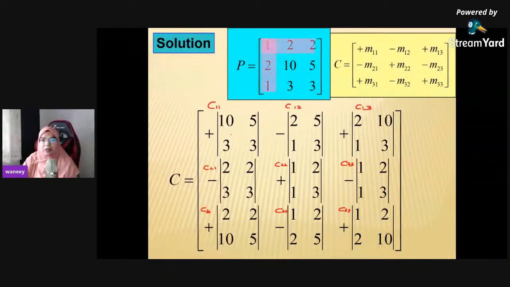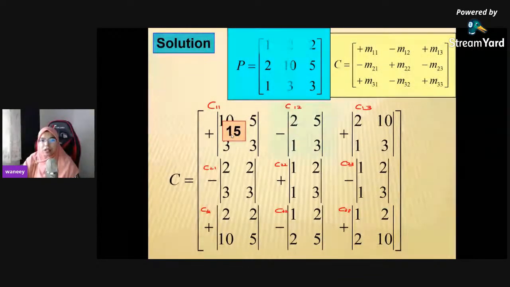So deleting the first row, the first column, that will give us 10, 5, 3, 3. And then for M12, deleting first row, second column. So it will give us 2, 5, 1, 3. And then of course you do the AD minus BC, you're going to get the value which is negative 1.